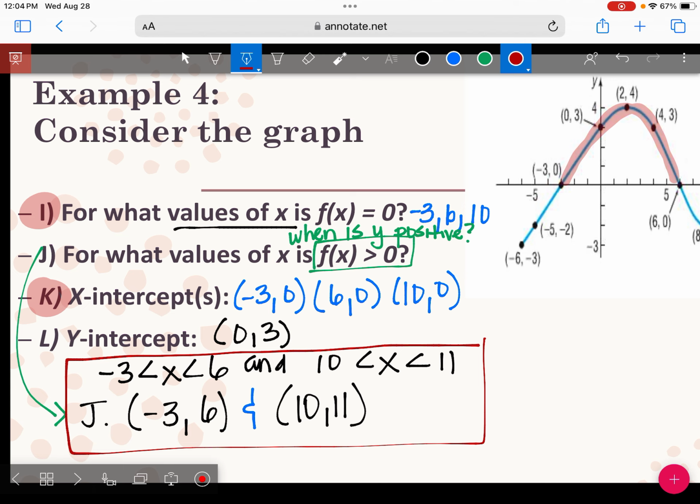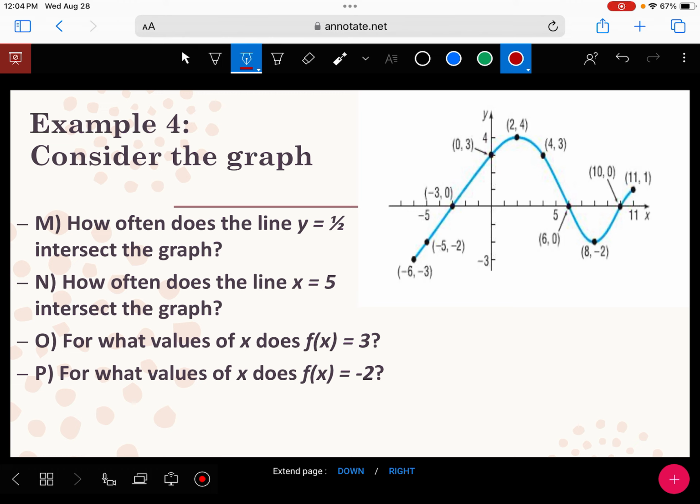All right, last 4 pieces for this graph. Go ahead and copy it down, M, N, O, P. And then we'll be done with 2.2. We can start 2.3. And then we'll be done probably tomorrow with everything. Yay. Okay, question 44.